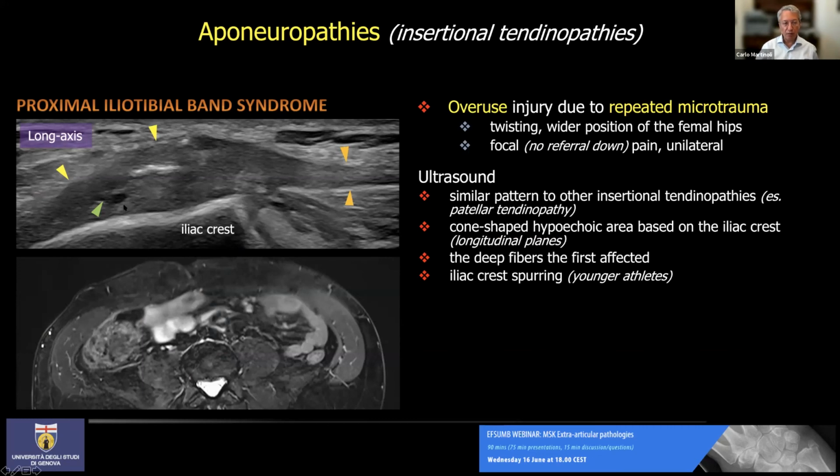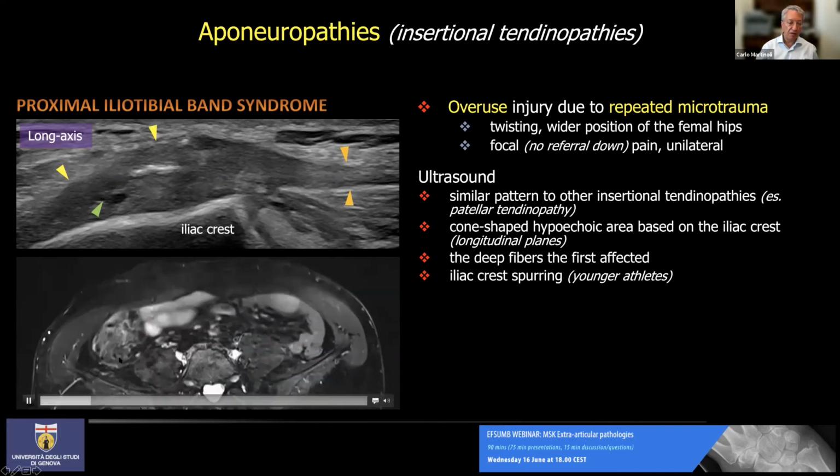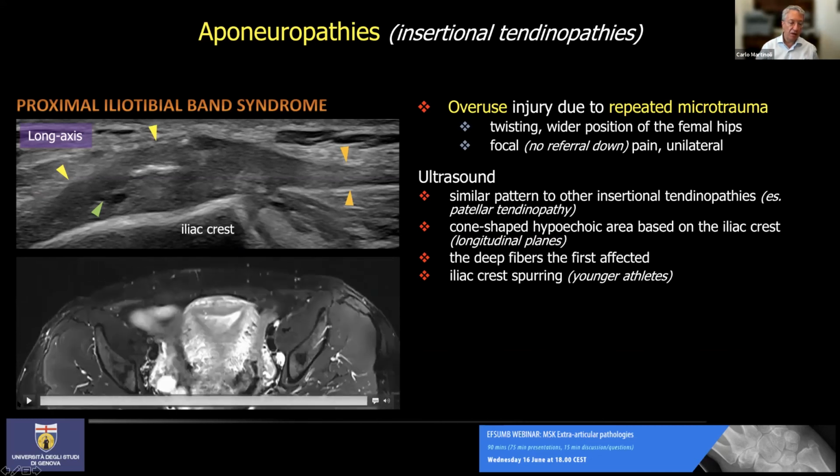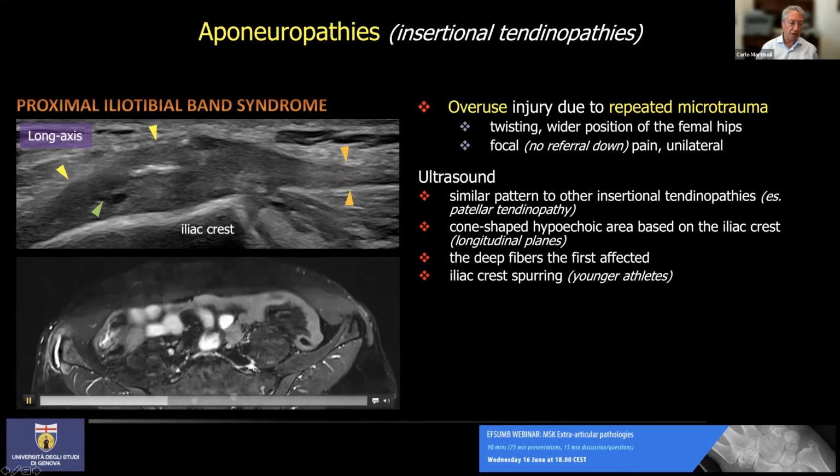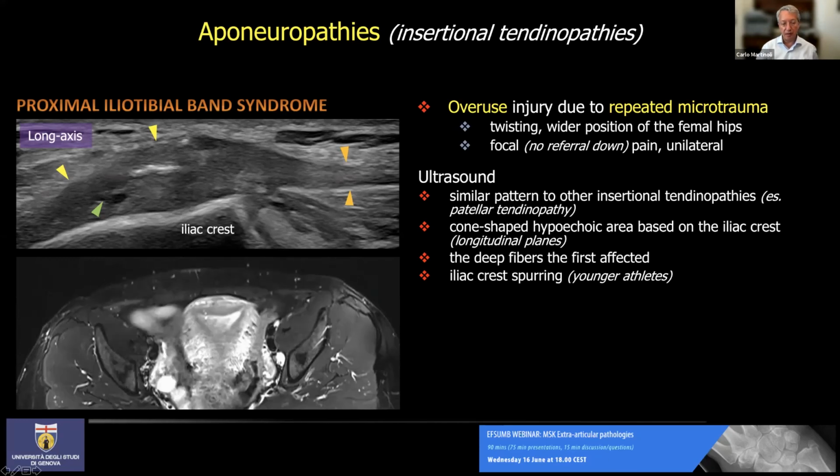This is an example of a proximal iliotibial band syndrome. In the magnetic resonance image, you see the problem affecting the origin of the iliotibial band closer to the iliac crest. This condition may be due to repeated microtrauma, and it's the same condition related to the plantar fascia, and the ultrasound pattern is very similar to the plantar fascia or to other tendinopathies like the patellar tendinopathy.